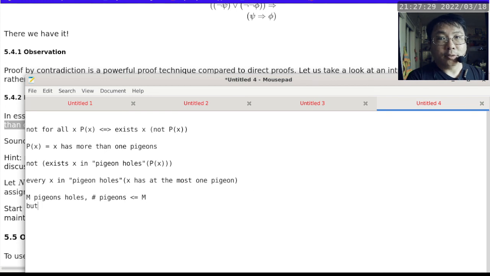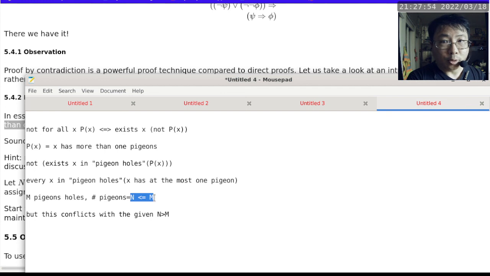But this conflicts with the given n being greater than m, because the number of pigeons is represented by the symbol n. So using the negated theorem, we arrive at a conclusion that n has to be less than or equal to m.